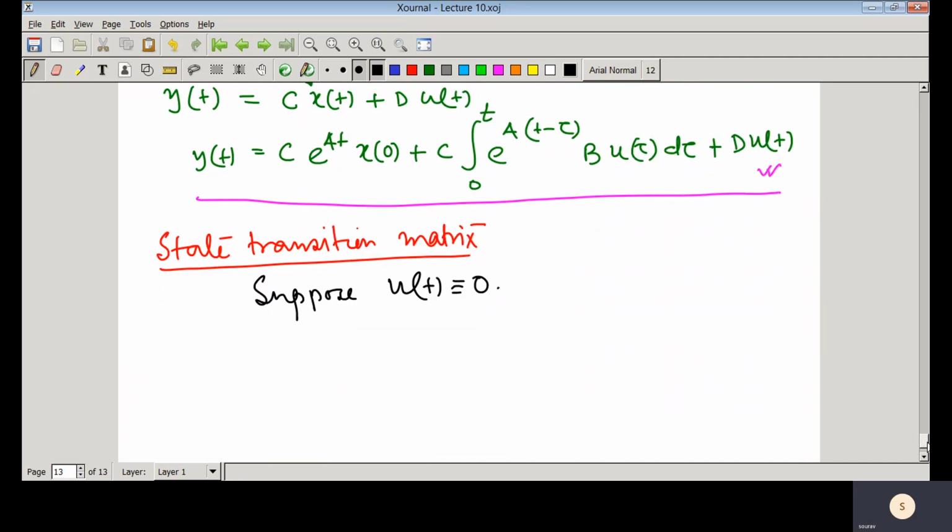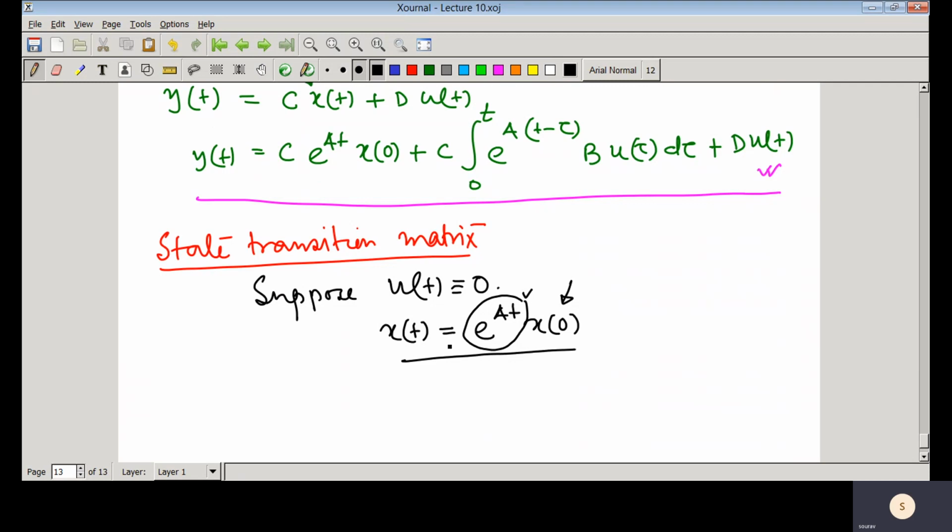So your state solution is e to the power At x(0). From here you can understand that, whenever the initial condition is given to you, how the state evolves as time progresses is indicated by this particular matrix, the exponential matrix e to the power At. That's why the transition of the state is indicated by this matrix, and that's why it is called the state transition matrix.